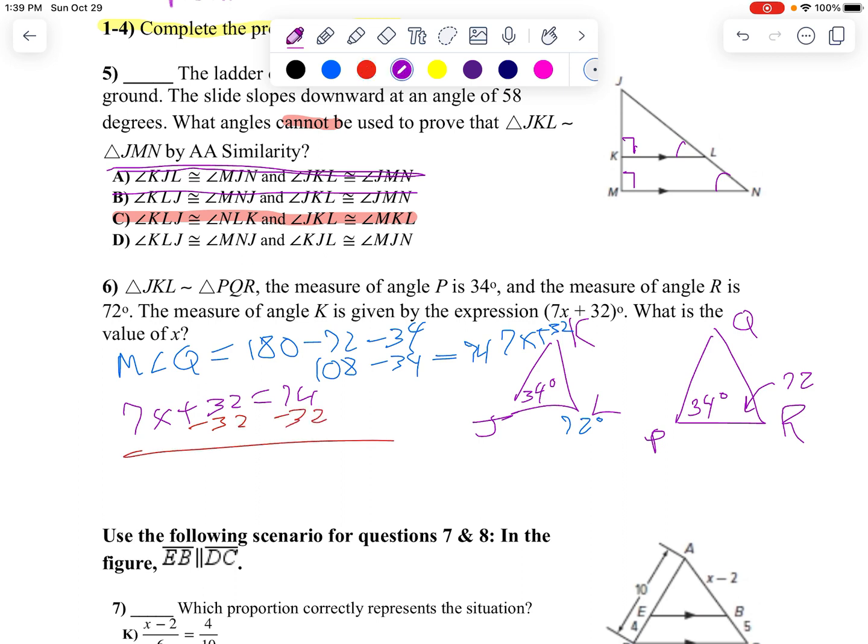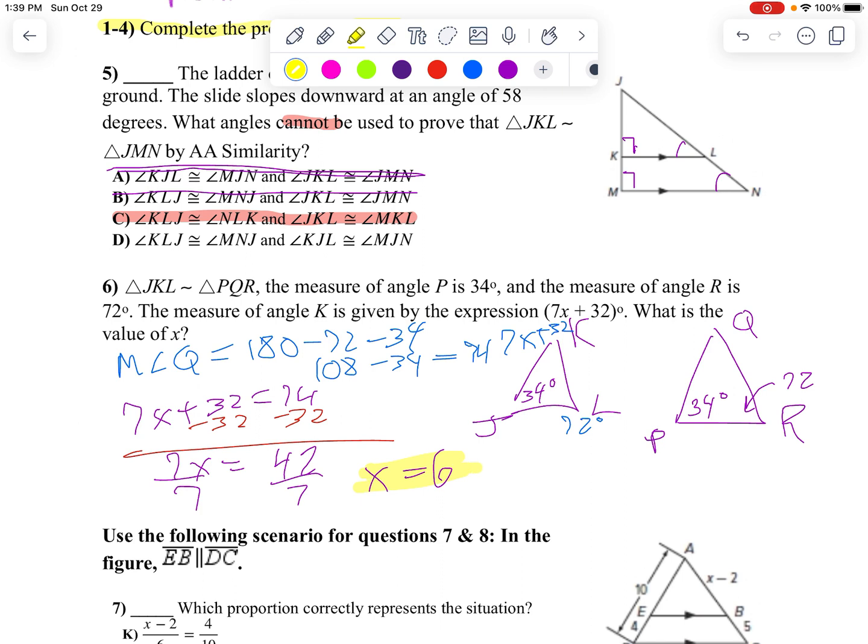So we get 7x equals 4 minus 2 is 2. 7 minus 3 is 4. So divide by 7. X will equal 6, which will be your answer to number 6.